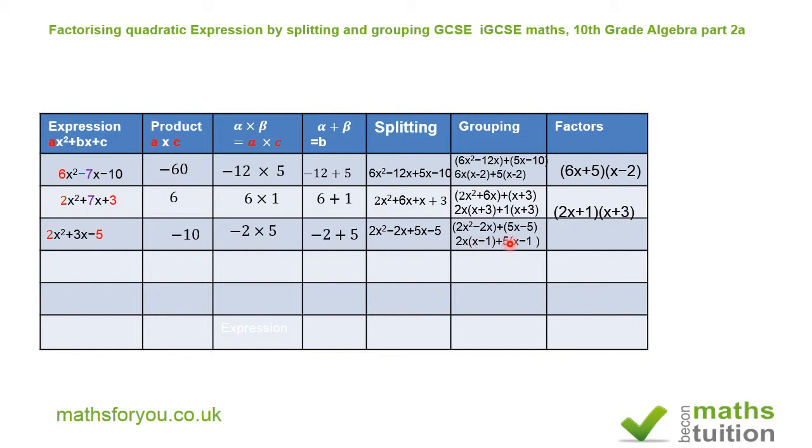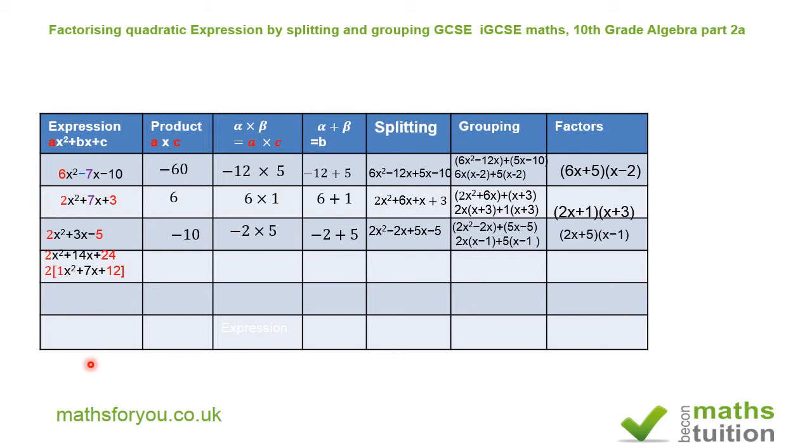So you must make sure that you get the same factor for both groups, as I got here. Okay, right. So my final answer then becomes 2x plus 5 multiplied by x minus 1. That's my answer for the third example.